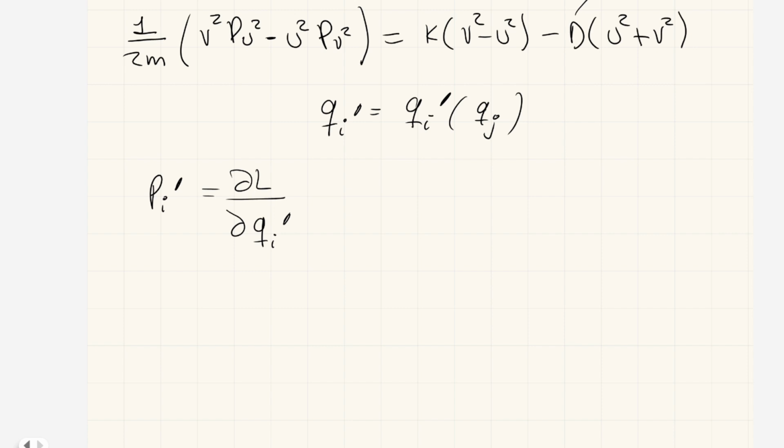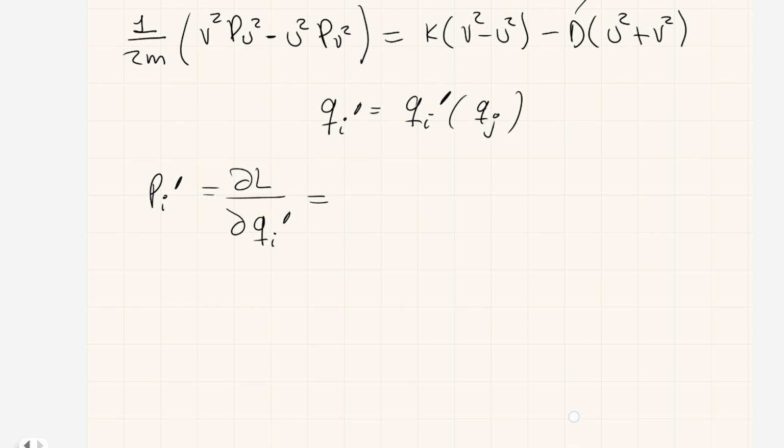Okay, but remember that this is a function of the old generalized coordinates, like this equation is telling us. So this can be seen using the chain rule as, and I missed a dot here, again using the chain rule, the derivative of L with respect to qj dot, times the derivative of this qj dot with respect to qi prime dot.